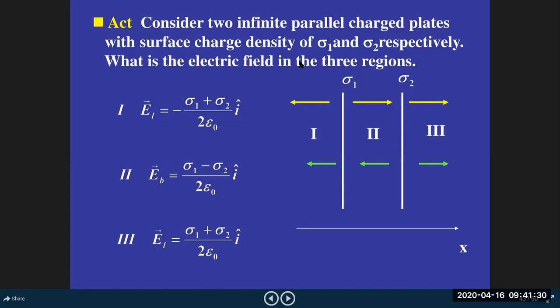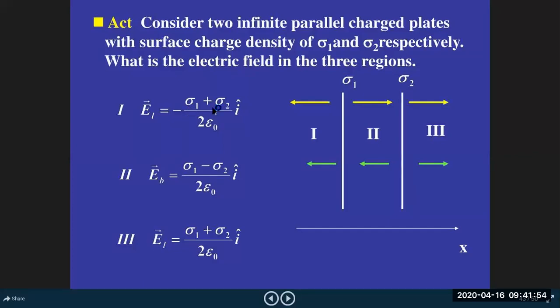Next. Now, if equal charge density is there, say sigma 1 equal to sigma and sigma 2 is also equal to sigma, then what will happen? If you place sigma here and sigma here, then sigma plus sigma equal to what?